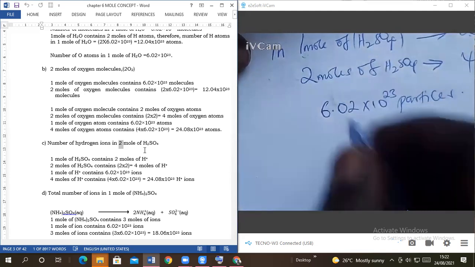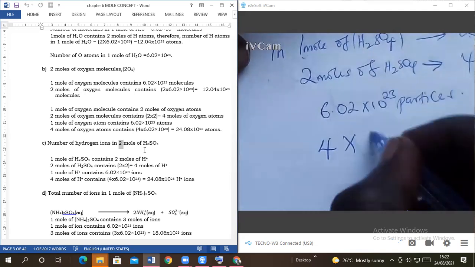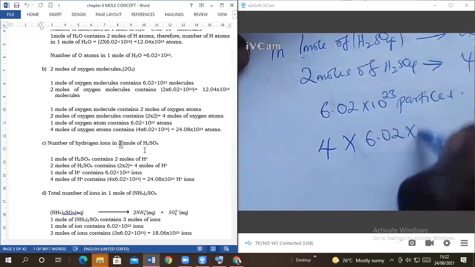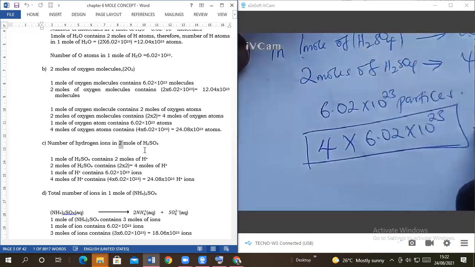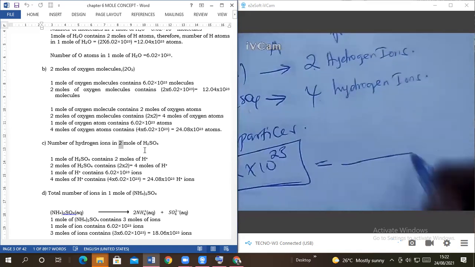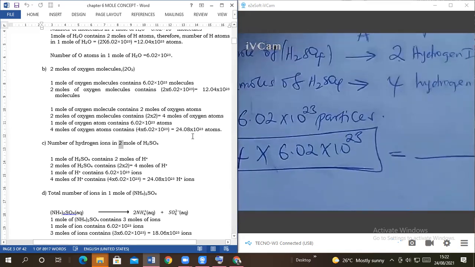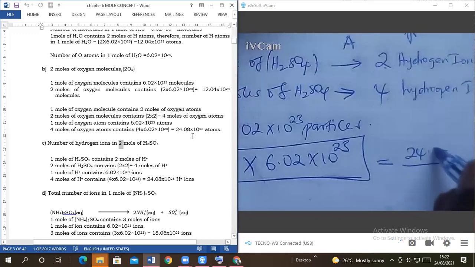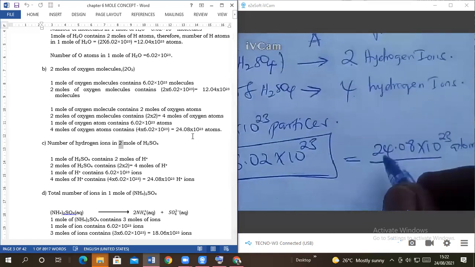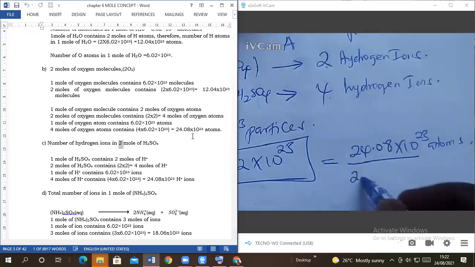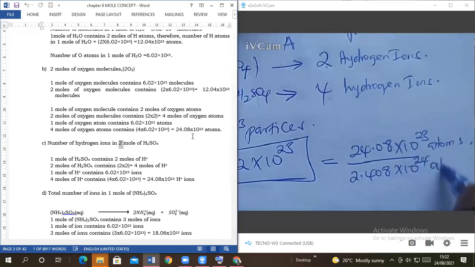What about 4? It will become 4 times 6.02 times 10 to the power 23. When you multiply, you get 24.08 times 10 to the power 23 atoms, or 2.408 times 10 to the power 24 atoms.